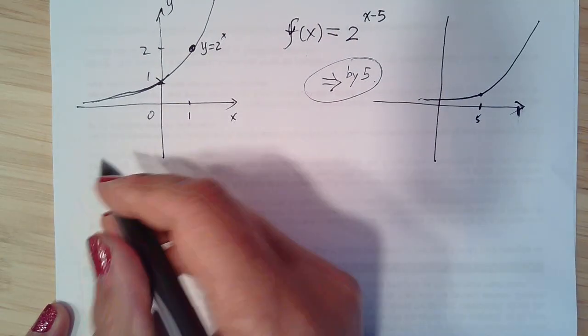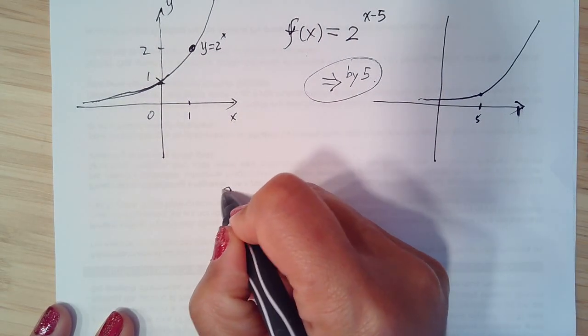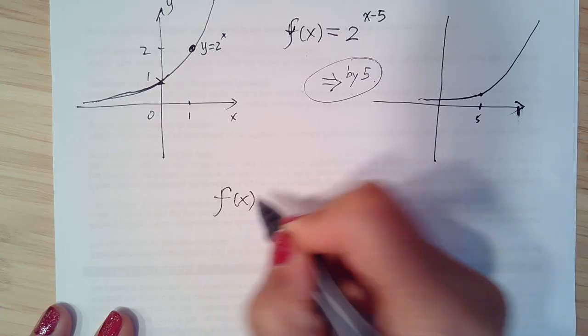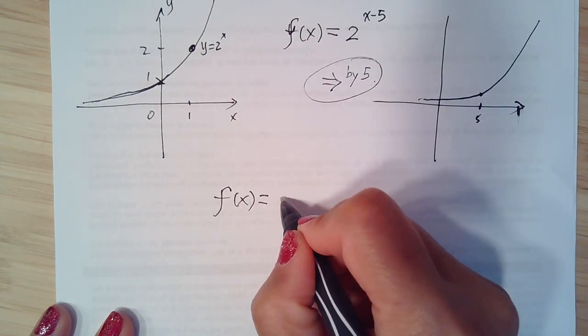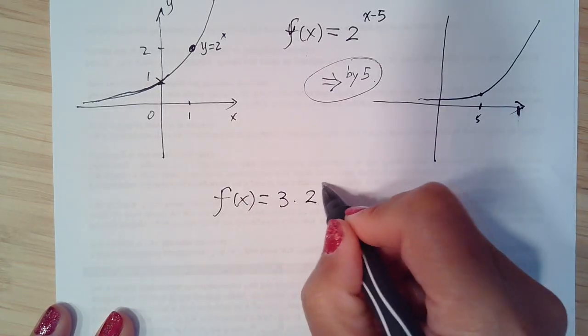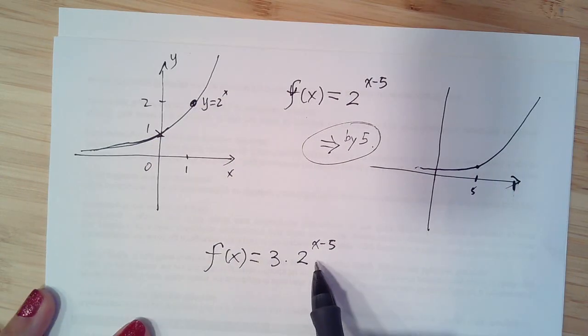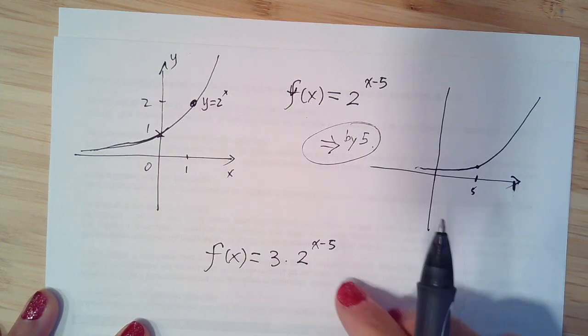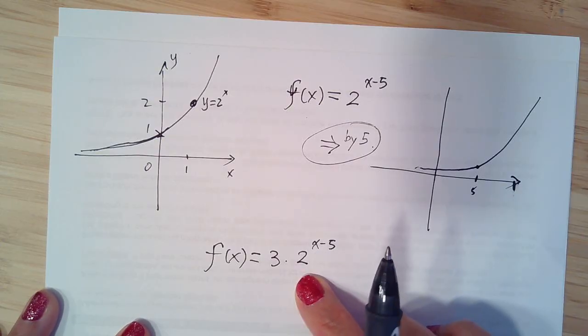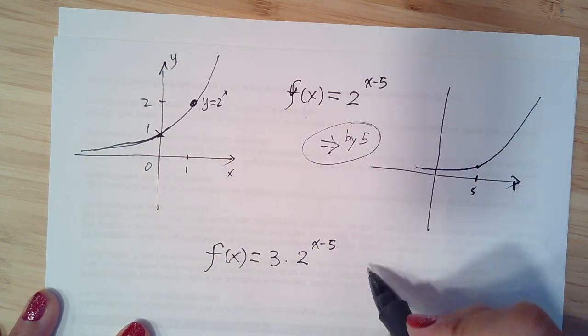Okay, now next one. What if I ask you to graph f of x, I just call that f, it doesn't really matter, you can use any letter, equals 3 times 2 to the x minus 5. So we deal with this first. This is an exponential function for sure, with b greater than 1, so we have this kind of curve.